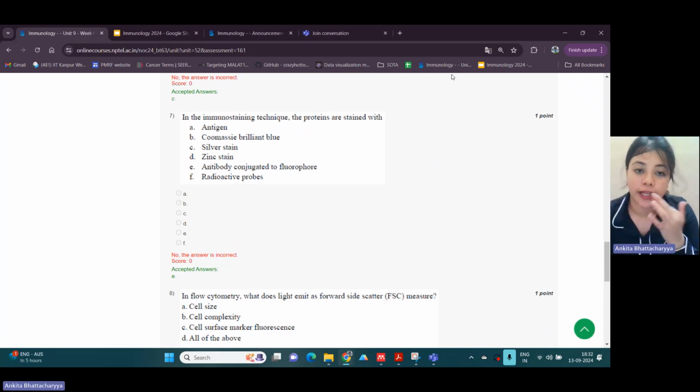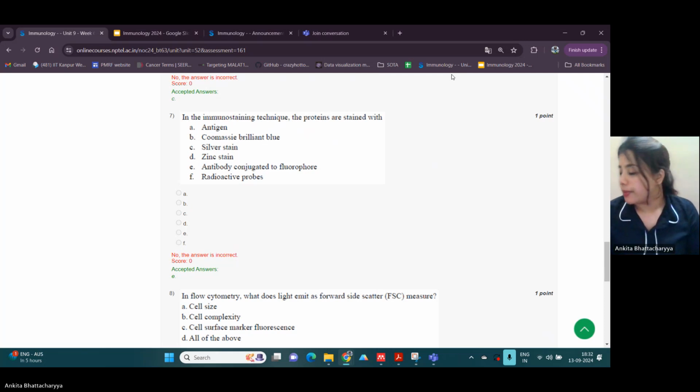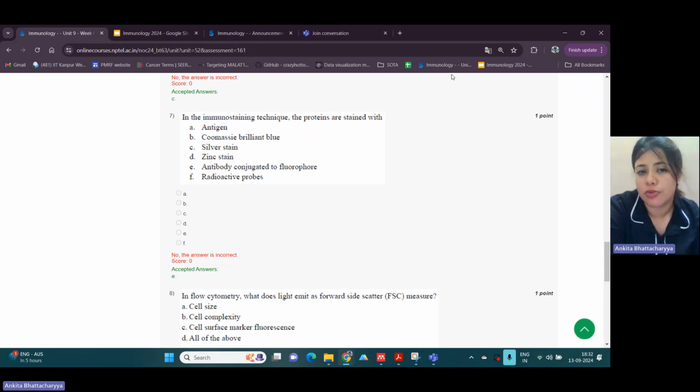While the first option might seem very tempting to you, and you might think, yeah, proteins are getting detected because of their antigen only, that's not actually the correct answer, because here we've been asked what they are stained with. Their detection can be because of the presence of the antigen. You are using a certain antibody, which is allowing this to function in its own manner.